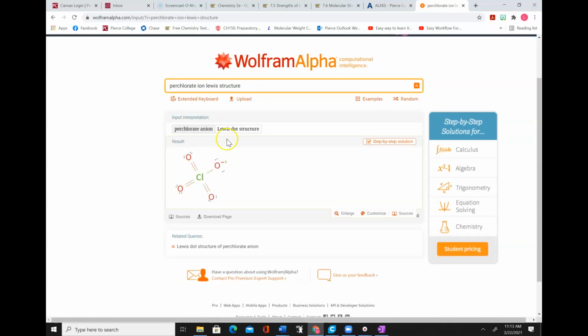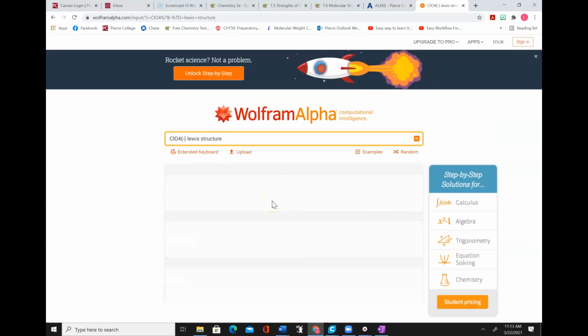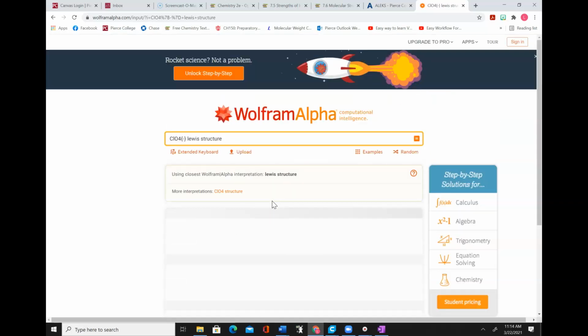There you go. And it put the double bonds in, but as you can see, it doesn't make any difference to the number of electron groups. So in many cases, you can get the Lewis structure. Now, I'm not certain how well it does if you just put the formula in. But that's definitely something that you can quickly check a Lewis structure with.